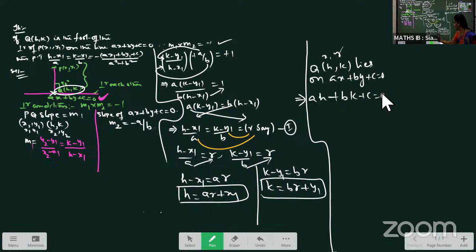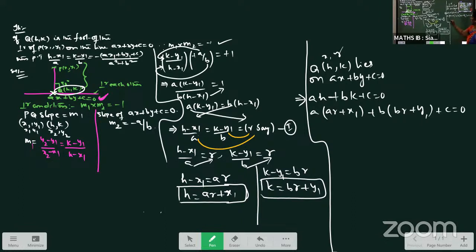One minute more. This is a little bit covered. Okay. Now a into what is h? H is nothing but ar plus x1. Substitute there. a into ar plus x1 plus b into br plus y1 plus c is equal to 0.